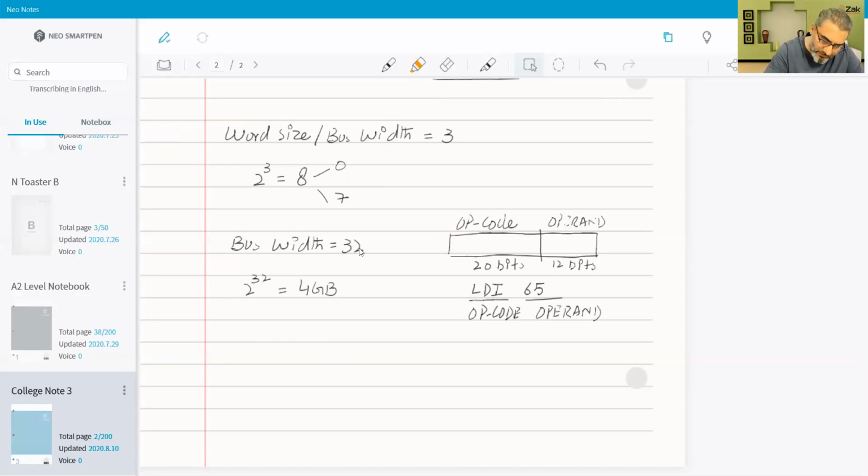All right, so 20 bits for the opcode and 12 bits for the operand. This is a ratio of 5 to 3.